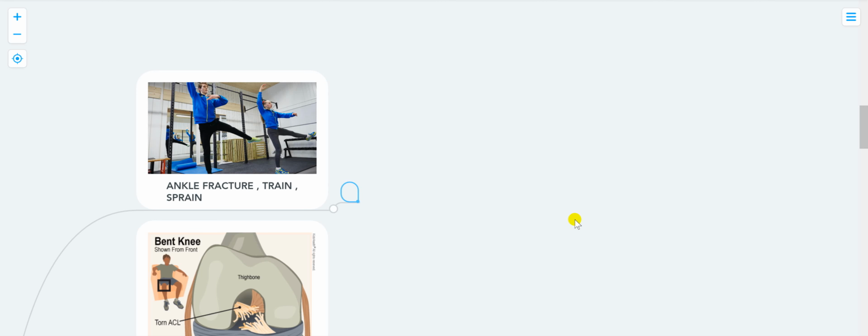So usually inversion or eversion of the foot, excessive, of course. How does that patient present? Swollen, tender, painful ankle. How do you usually diagnose that? X-ray to rule out fracture.